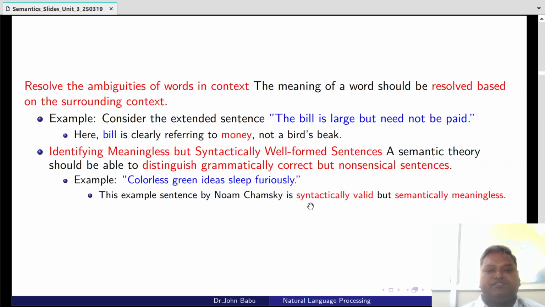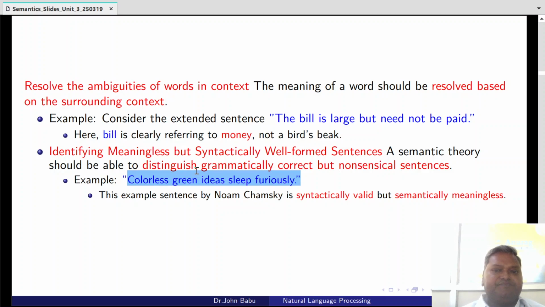There is nothing wrong. It is syntactically valid. But when we talk about meaning, there is no colorless green. It is something like blackish white or whitish black, longest short, shortest long. So these are contradicting. So this sentence has no meaning. So when we propose our semantic theory, it should be able to identify syntactically correct but semantically meaningless nonsense sentences.